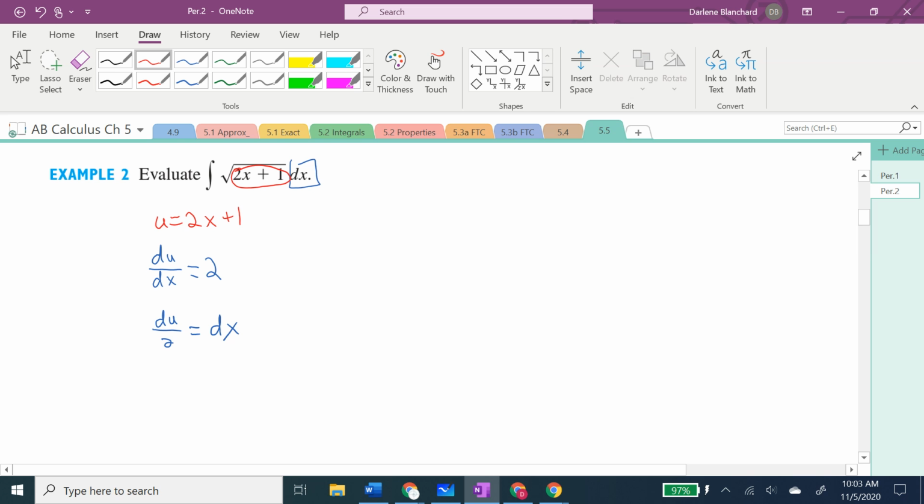And now I have circled what I chose to be u, so I can substitute that in. I put a box around the dx because that has to be substituted with, and let's see what we get.